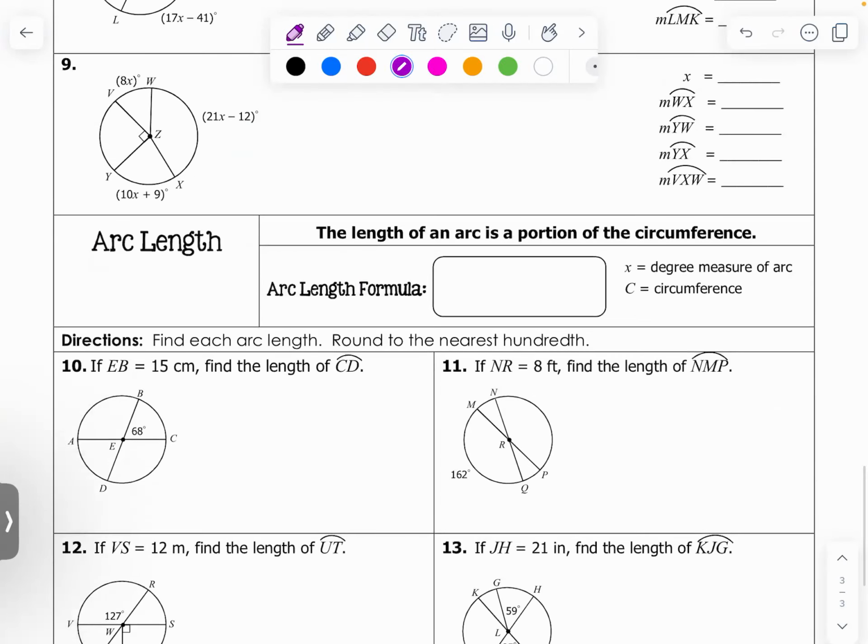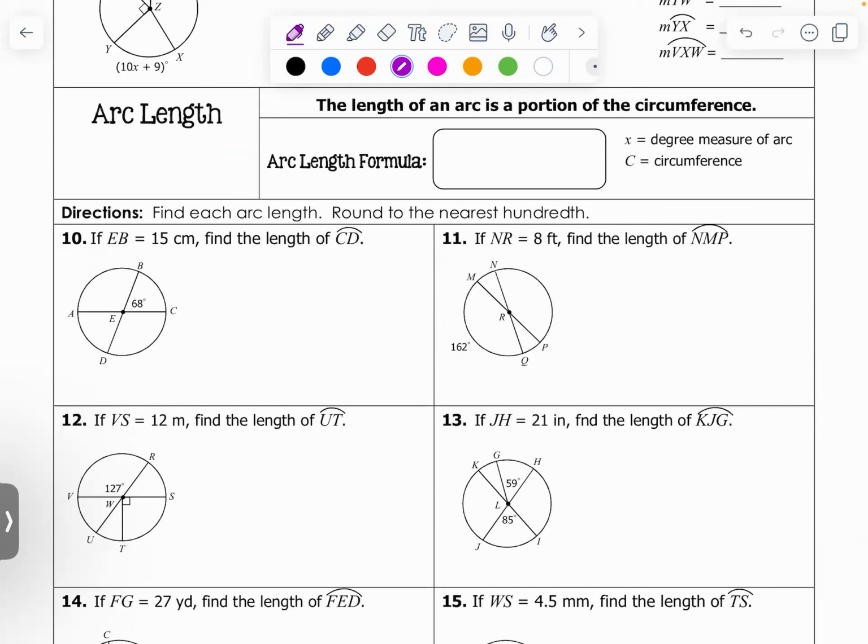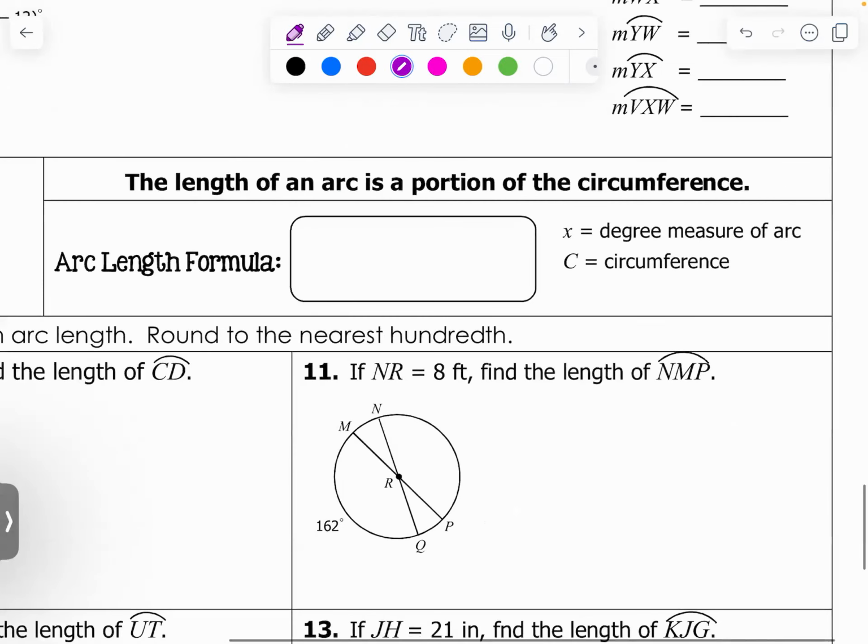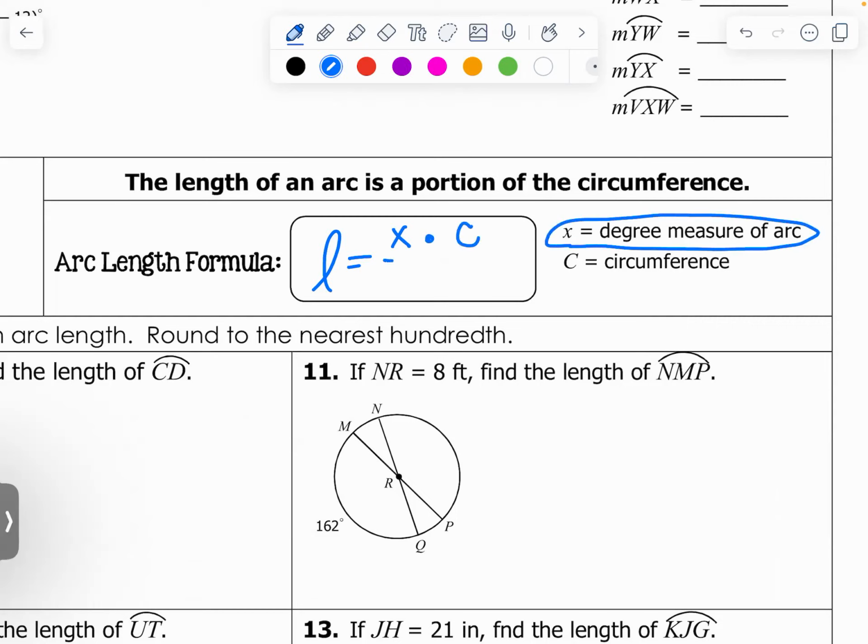So I also want to talk about arc length. Okay, arc length is essentially just a piece of the circumference. So when I'm asking you for arc length, I'm asking you for just a piece of the circumference. And this is how we find it. We are going to take whatever the degree measure is of our arc and multiply it by the circumference and divide by our whole circle of 360 degrees.